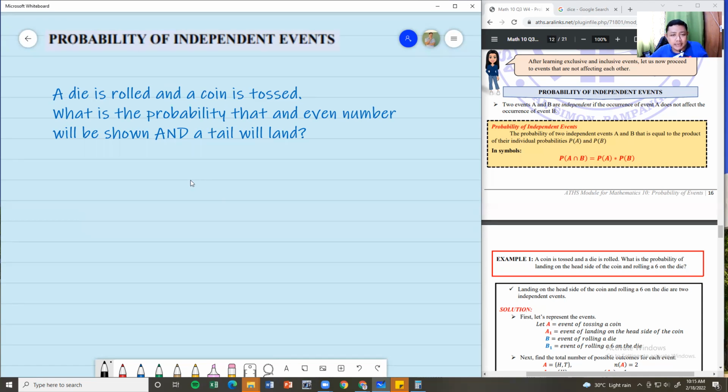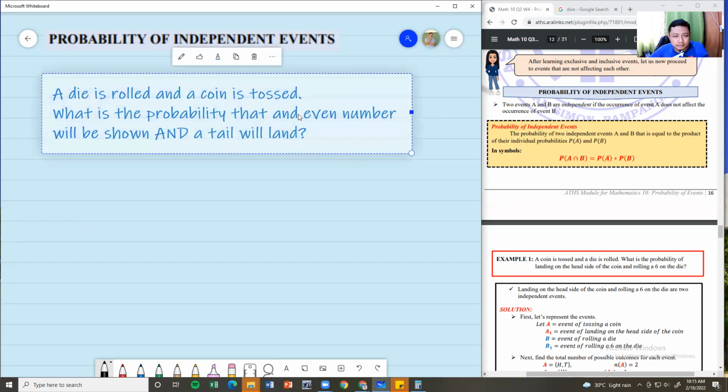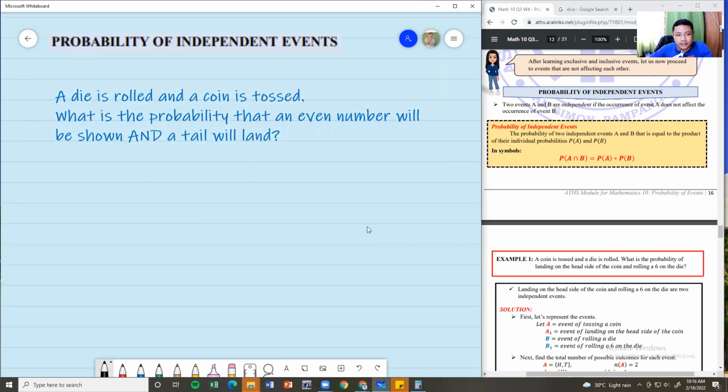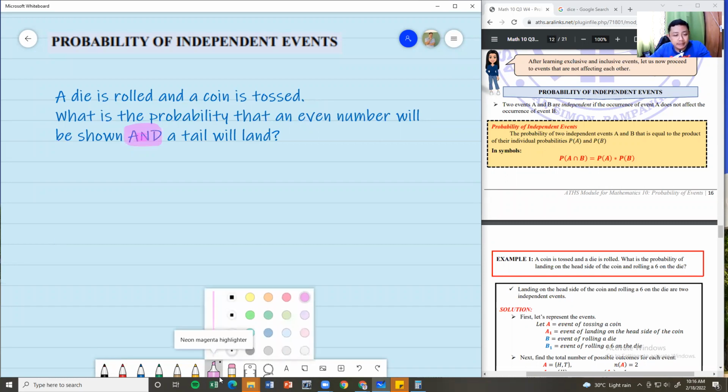What's the probability that an even number will be shown and a tail will land? Okay. So therefore, there are two events, and make sure, mind you, that there is this word "and," meaning we are dealing with multiplication. So let's be familiar with our given.